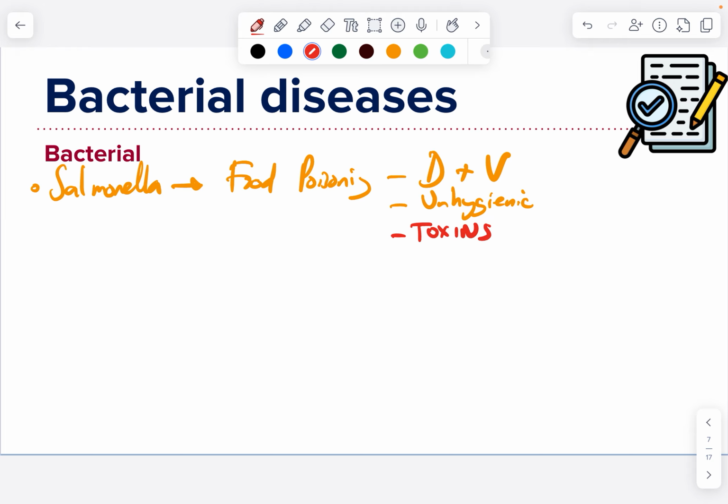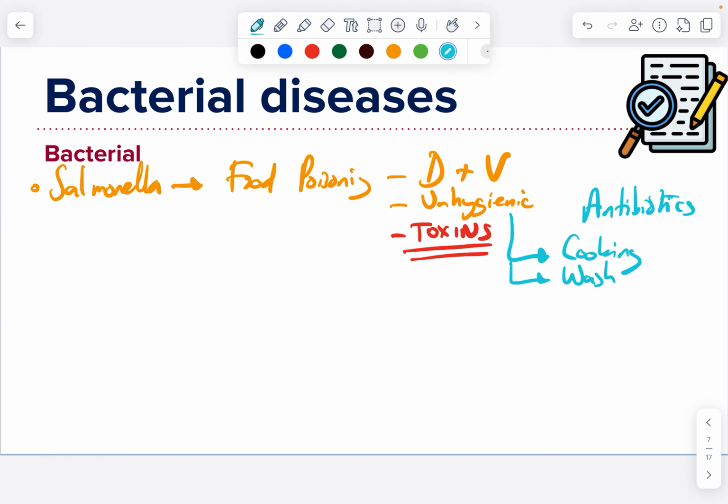That is what makes it particularly bad for you. Salmonella is a bacterial disease, so we can treat it with antibiotics. But because it's linked to poor hygiene, this can be linked to cooking your food properly and making sure you wash your hands properly.